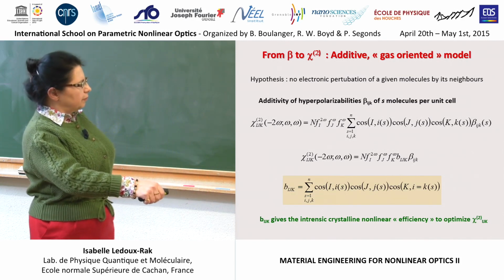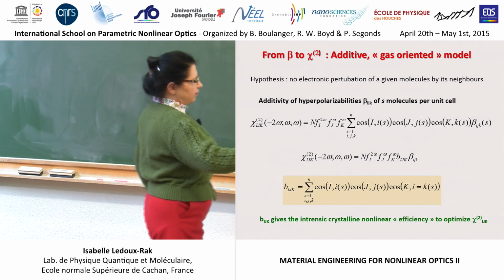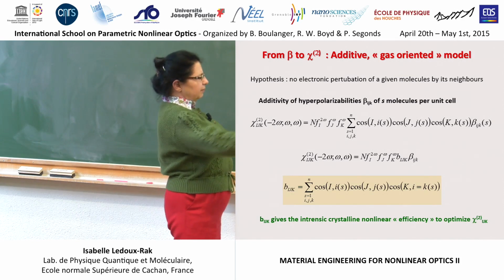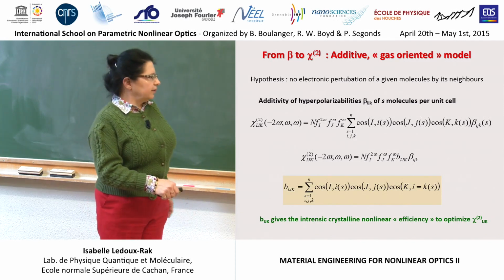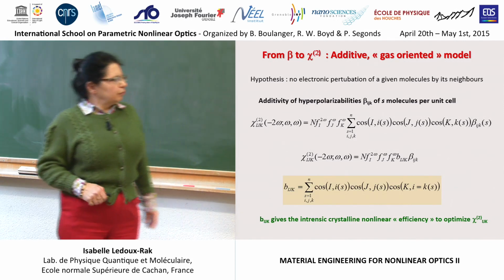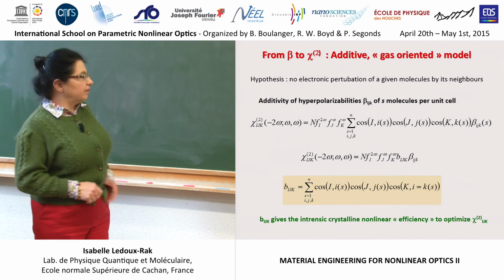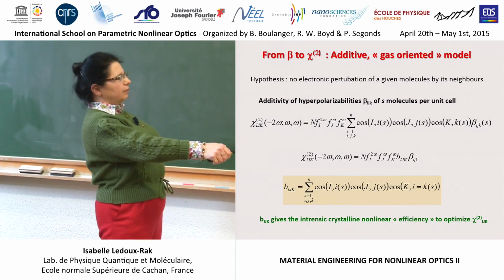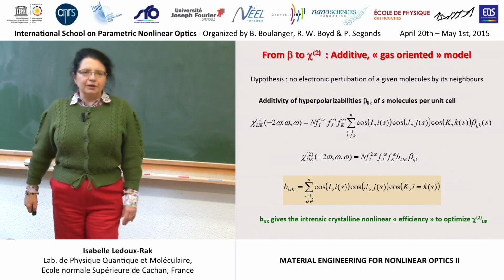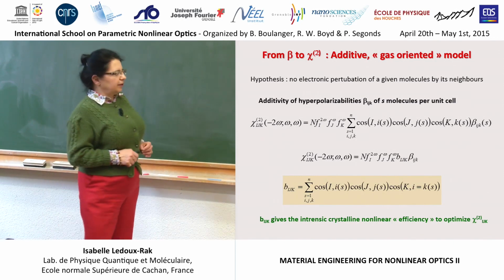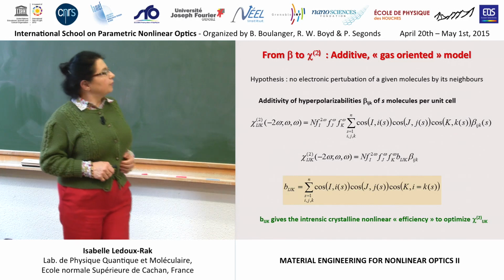I'm sorry, I kept the mistake here, the error. This B factor gives the intrinsic crystalline nonlinear efficiency to optimize Chi2. That is independent of the nature of the molecule and independent of the local field factor. This is really a signature of the nonlinear performance of a crystal.